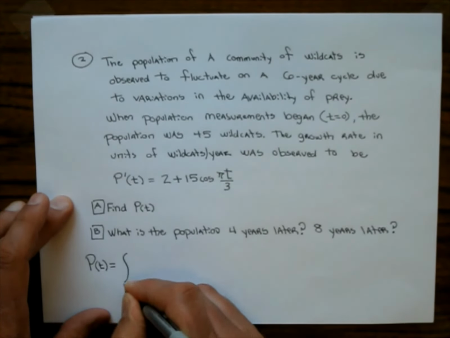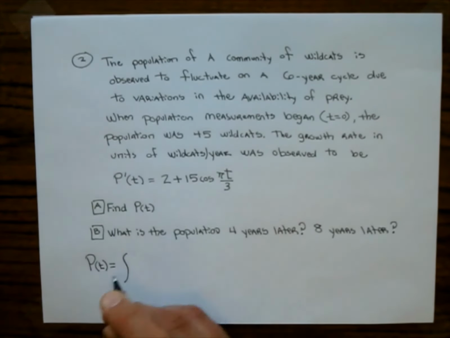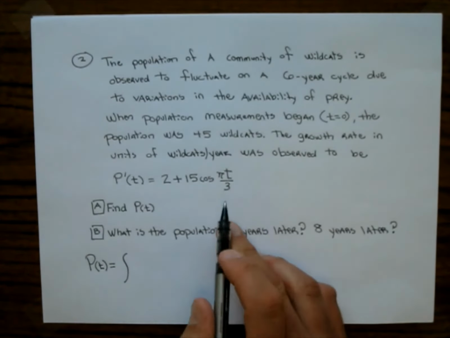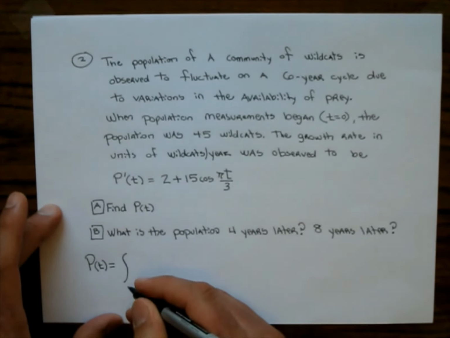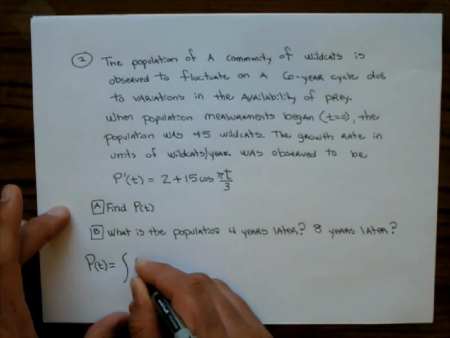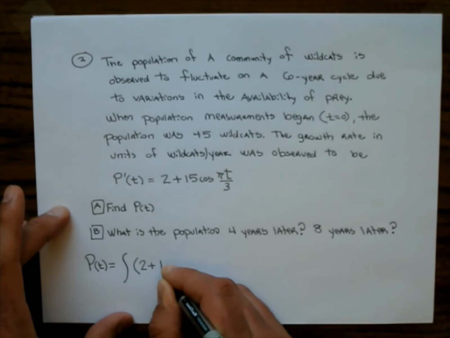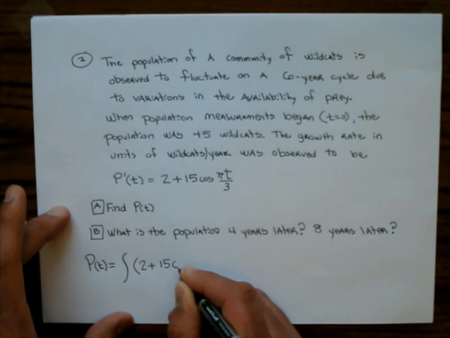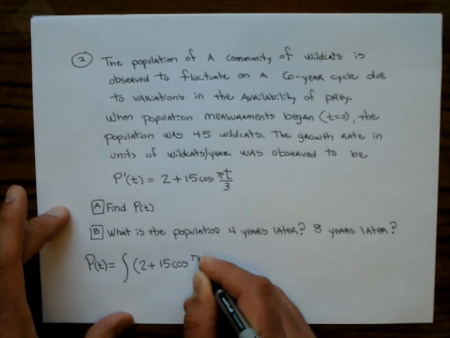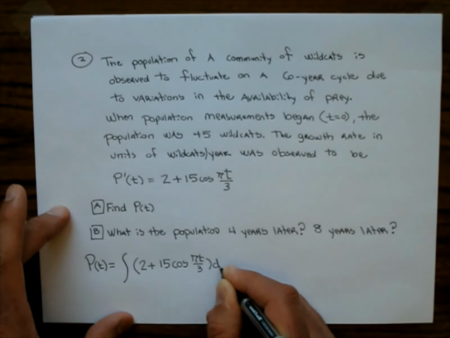We're going to go like this, the antiderivative of 2 plus 15 cosine of pi t over 3 dt.